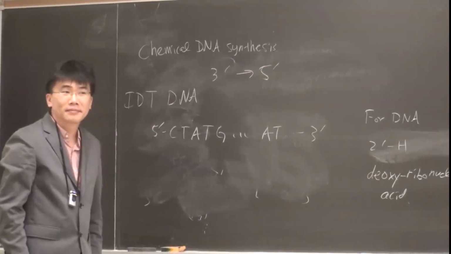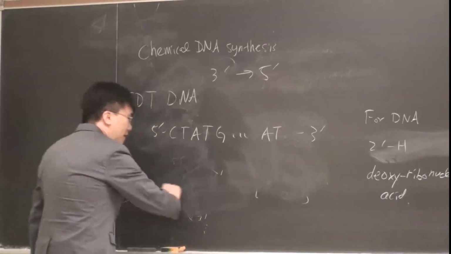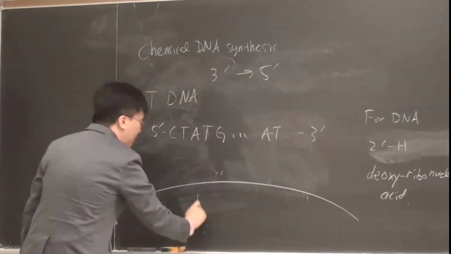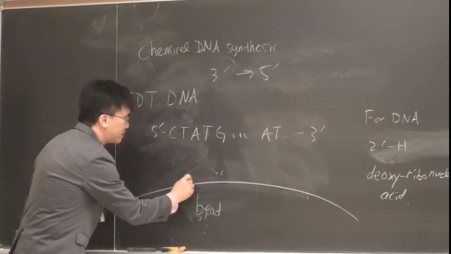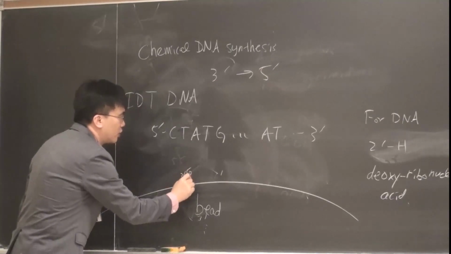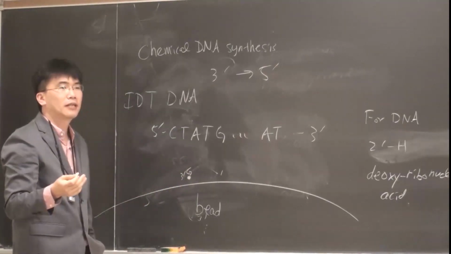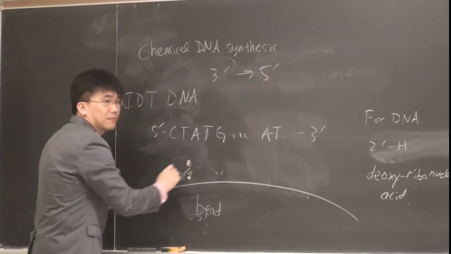The way this approach is done is actually in the opposite direction. Okay? What they do is they have a large surface, like a bead surface, and they start with a 3' nucleotide, let's say G. That's how you start. But the end of the G has a protection group there.